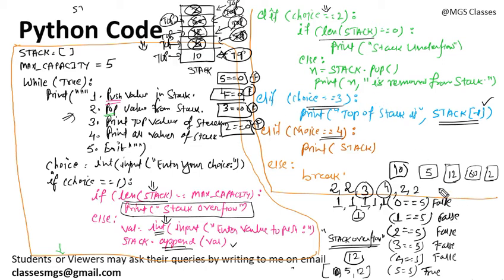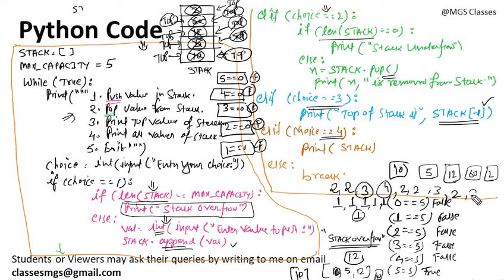This time if the user has entered choice 3, then the top element will be printed as 10. If the user has entered choice 4, then the list will be printed as 10. And if the user has entered choice 2 again, then the length of the stack is 1 equals 0, condition is false. You can delete one more element and this 10 will be deleted and your stack will be empty now.